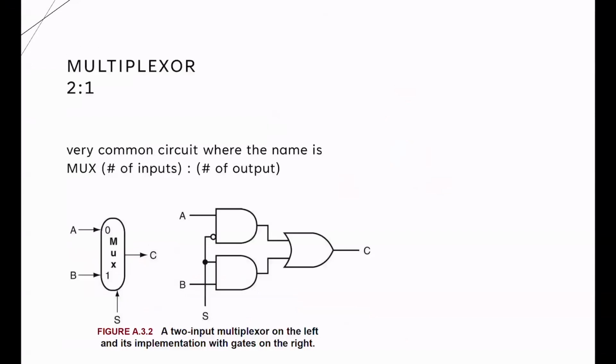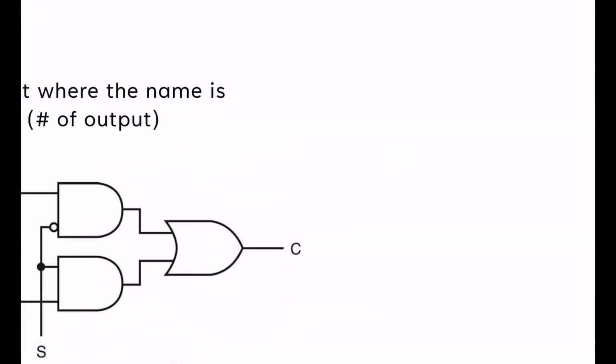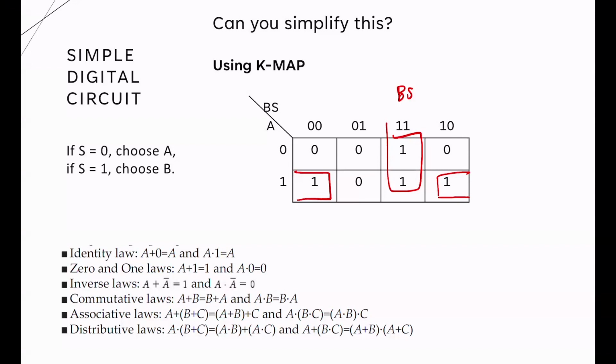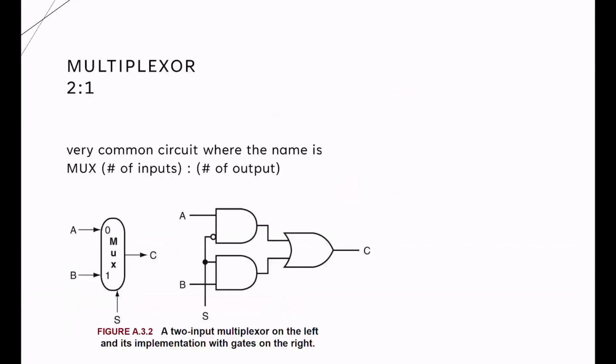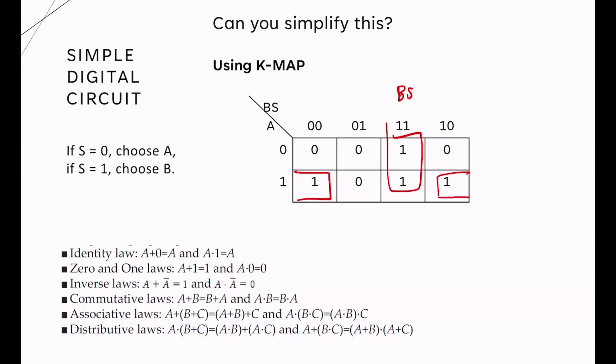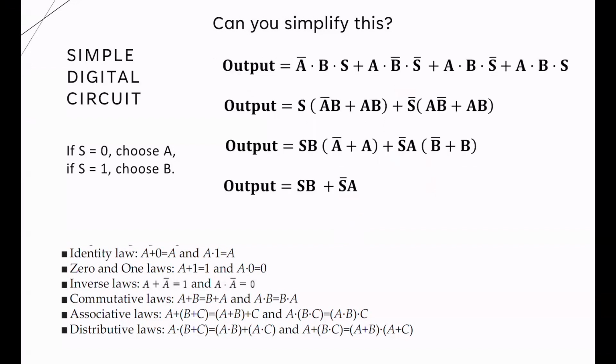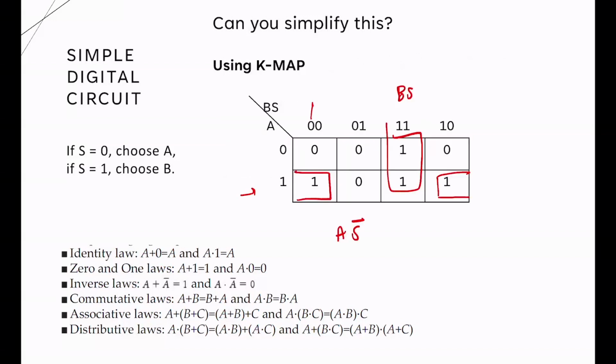So this 1 here has to be B S, and this one here has to be A. A has to be 1 here, and then S has to be 0 here. Okay. So it's the same output as doing the Boolean algebra. You get the simplest form by using both methods.